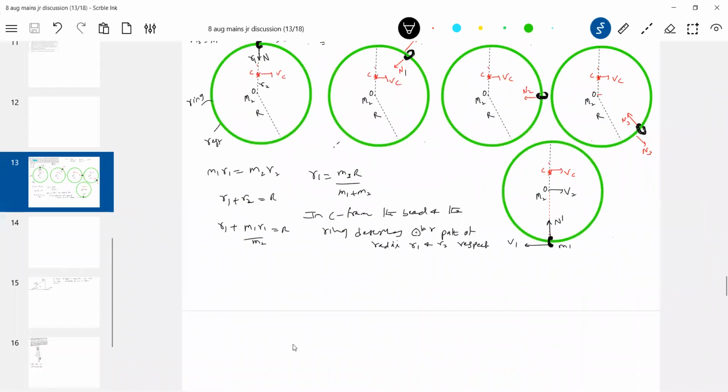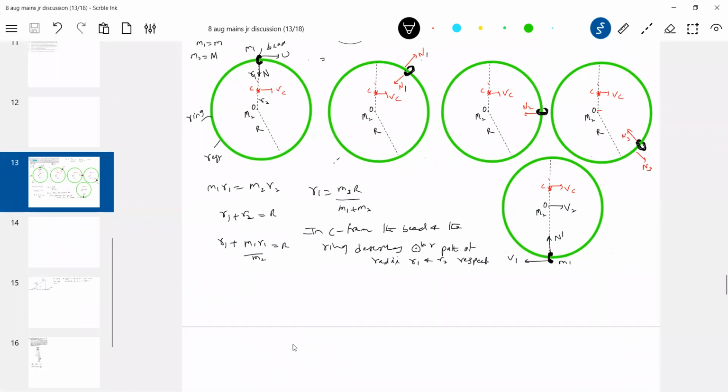Now looking at this diagram, we'll write the equation. What is the velocity of center of mass? Velocity of the ring with respect to center of mass, V1C, should be equal to V1 minus Vc. V1 is U. How to calculate velocity of center of mass?